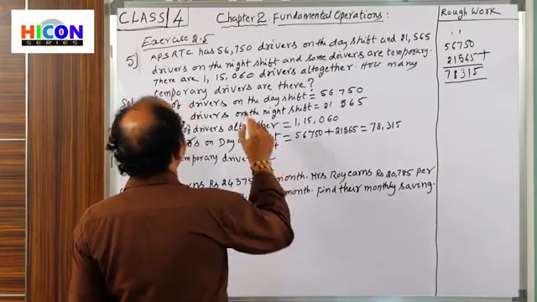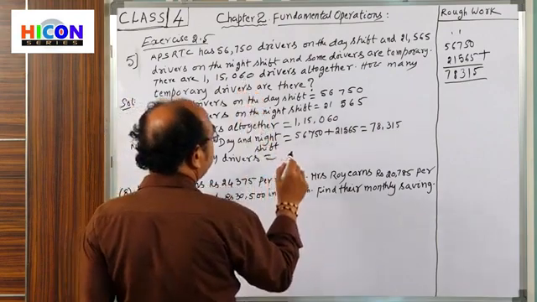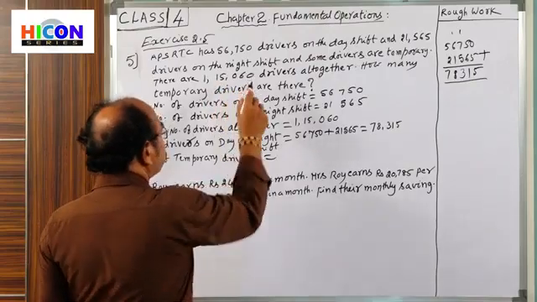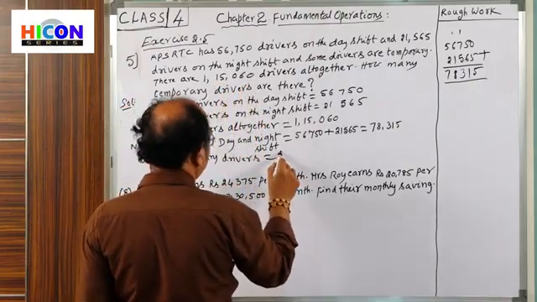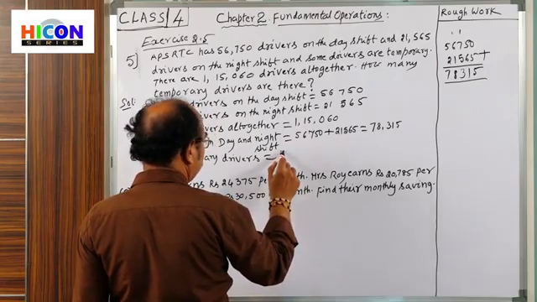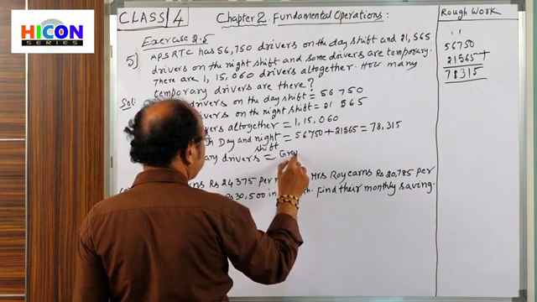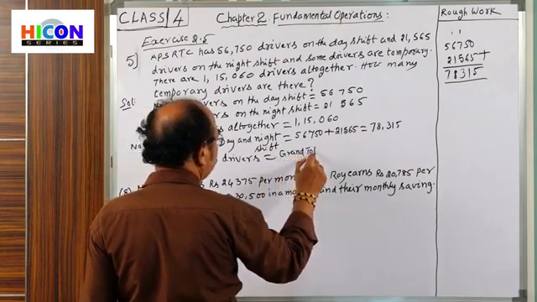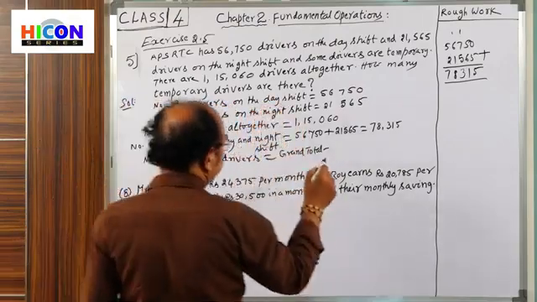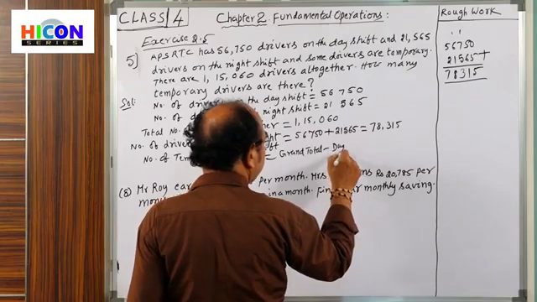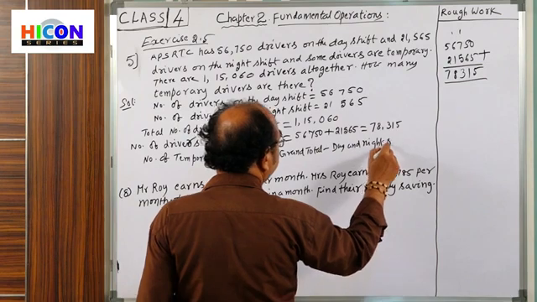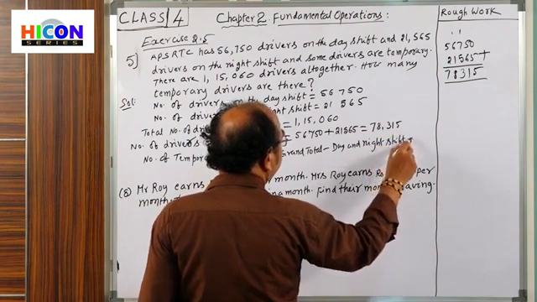total minus, that means from this number. What is that number? Total altogether, 1,15,060. 1 lakh. Grand total minus day and night shift drivers.